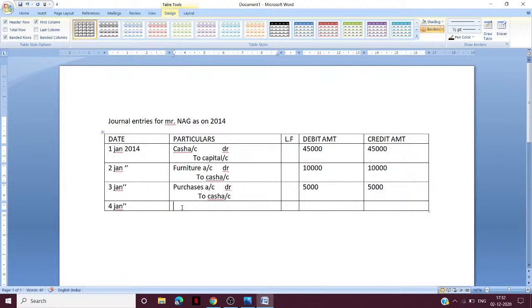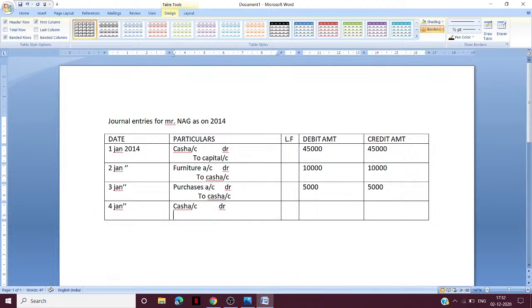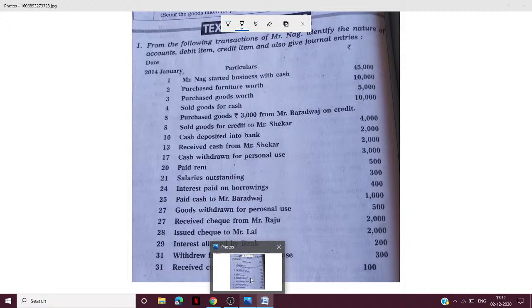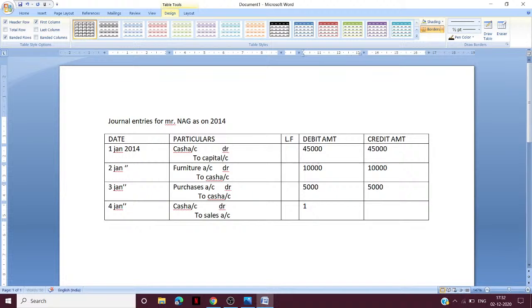When we sell our goods, cash will come. So cash account debit to, what is going out? Sales. So sales account. This is a transaction for sales. What is the amount given? 10,000. So write 10,000 on both the sides.